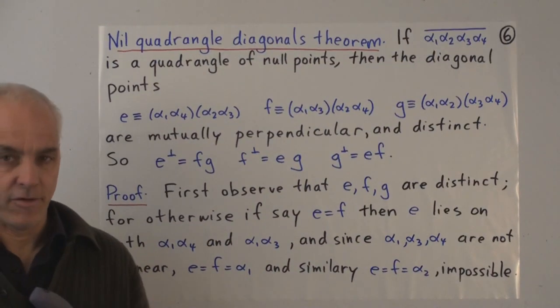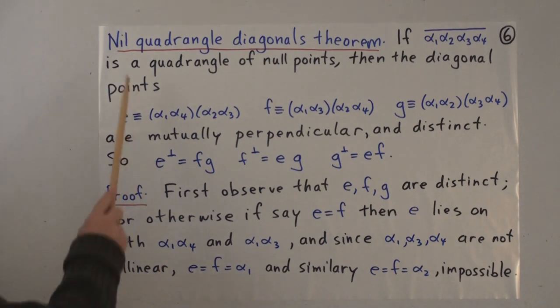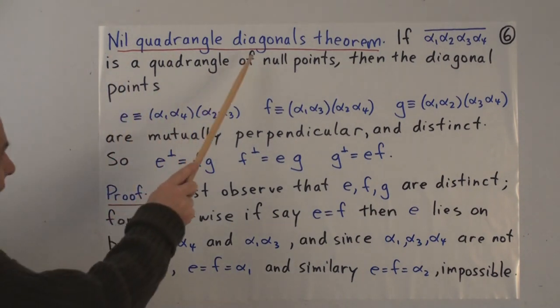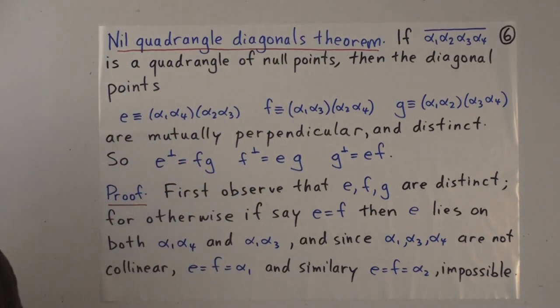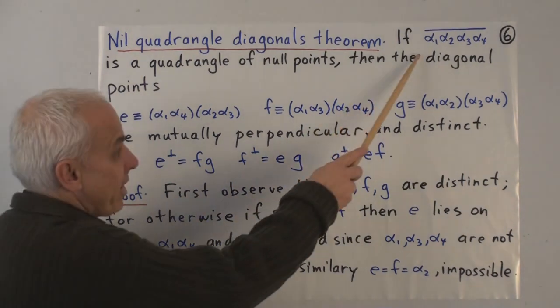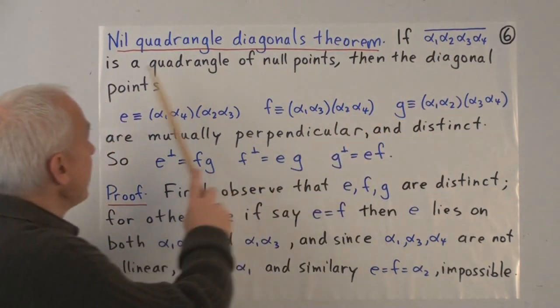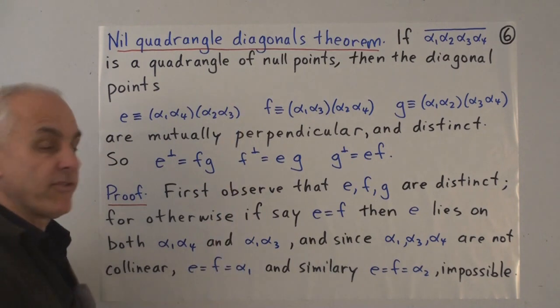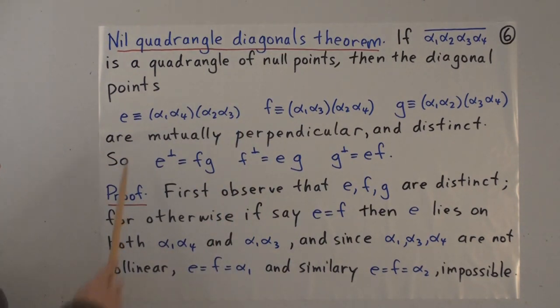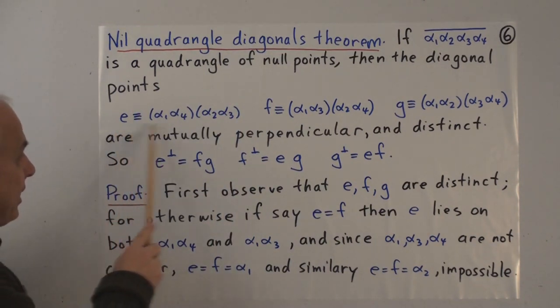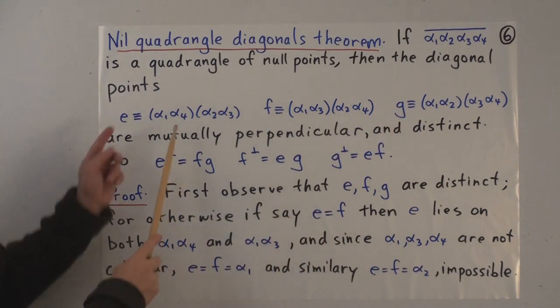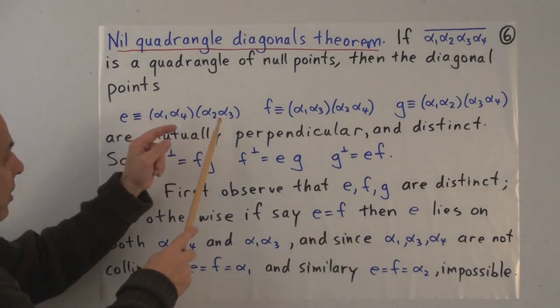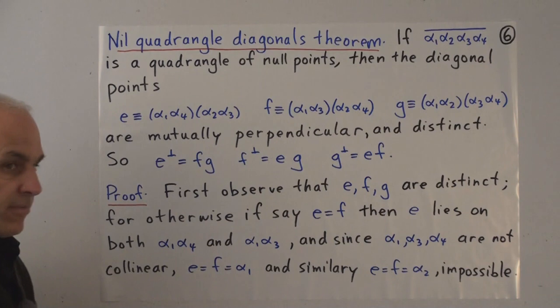So let's record this as a theorem. The nil quadrangle diagonals theorem. If alpha 1, alpha 2, alpha 3, alpha 4 is a quadrangle of nil points, then the diagonal points E, F, and G, defined by E is alpha 1, alpha 4 times alpha 2, alpha 3.